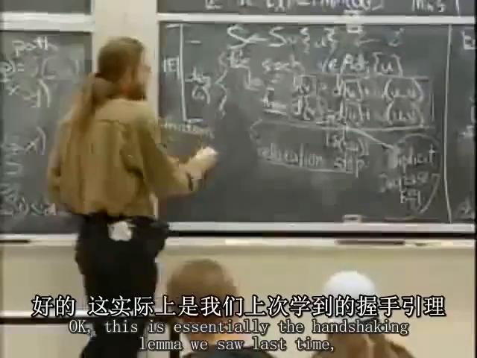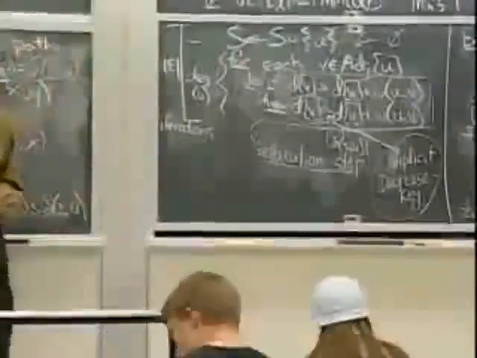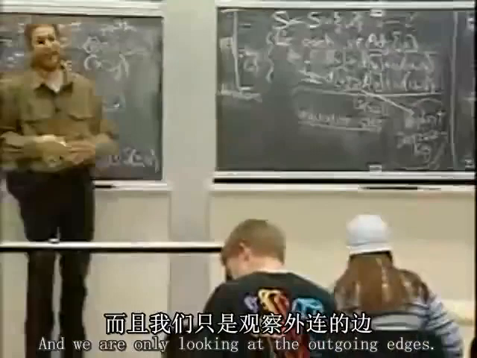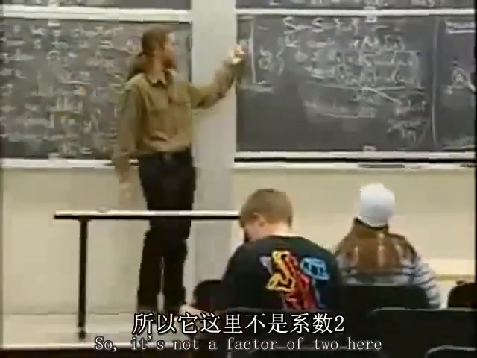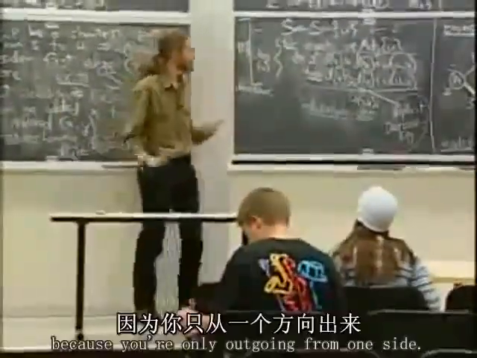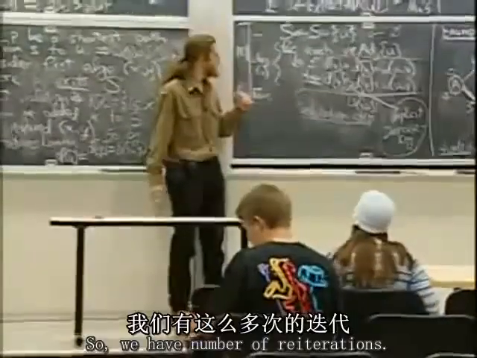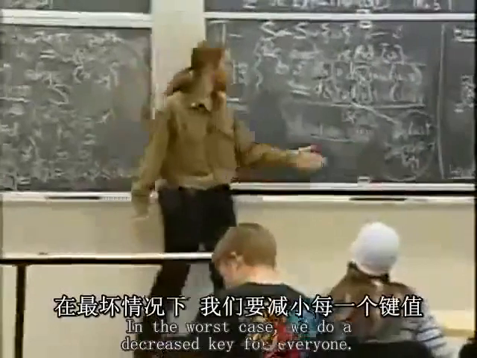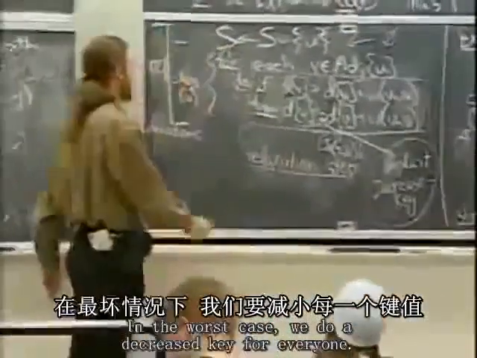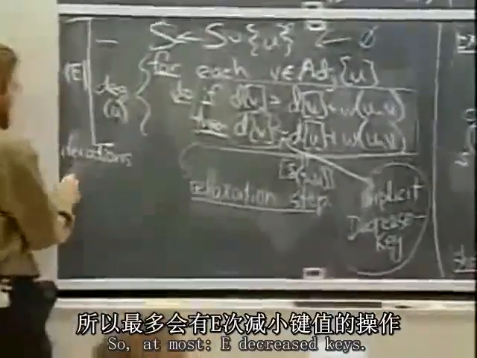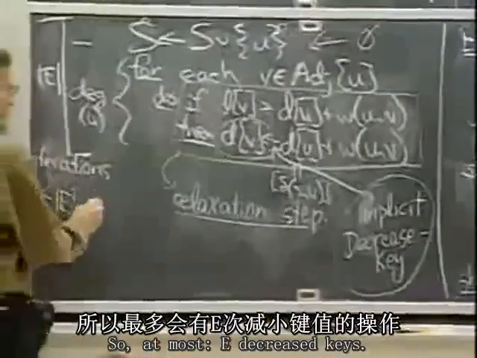This is essentially the handshaking lemma we saw last time, but for directed graphs, and we're only looking at the outgoing edges. So there's not a factor of 2 here, because you're only going outgoing from one side. In the worst case, we do a decrease key for every one, so at most E decrease keys.